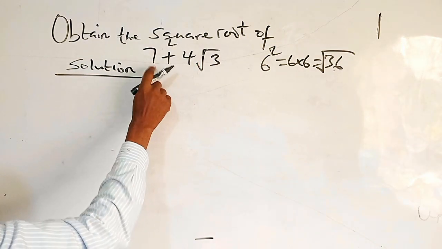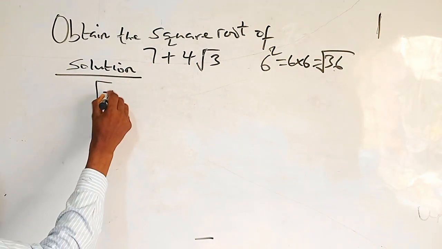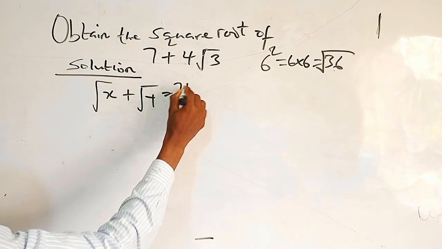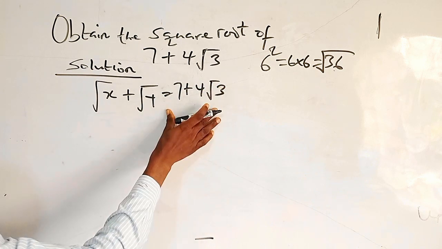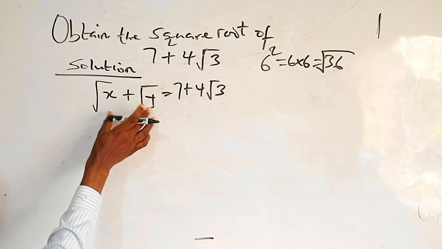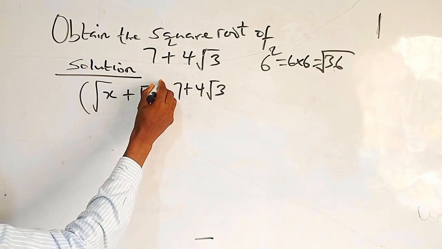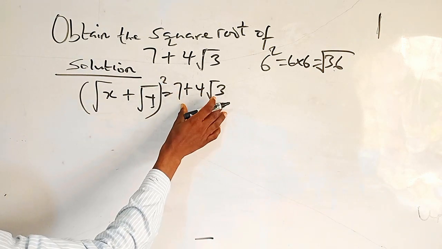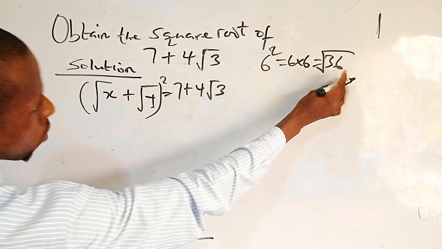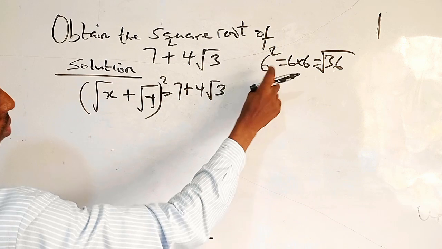Let me assume that the square root of x plus the square root of y, squared, equals 7 plus 4 root 3.